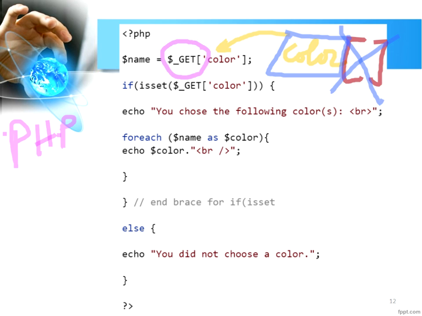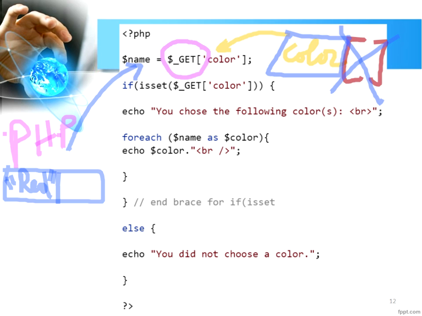So $name, in my example, will be an array with two elements. The first one is red, the second one is green. So in $name I obtain all the checked checkboxes from the HTML document.